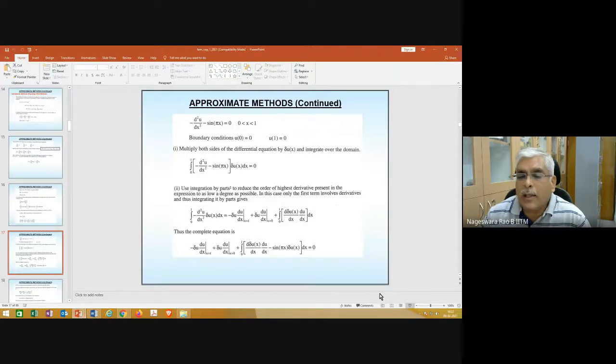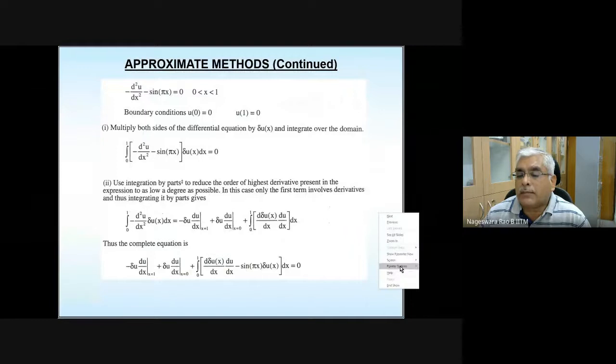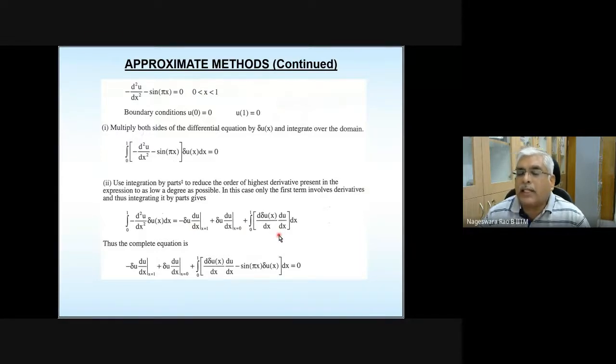So that is what is written here. This equation is coming from integration by parts, and you should be very clear how this is obtained. If you have any questions here, please get them clarified at this stage.